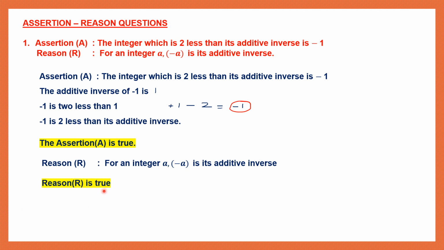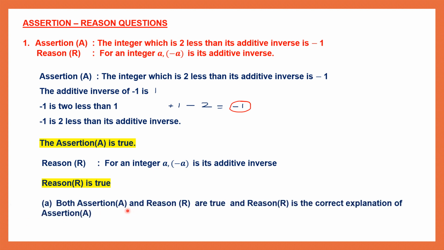That means we go for option A. Option A says both the assertion and the reason are true and reason R is the correct explanation of assertion A. So I hope you understood. We have two statements here, one is the assertion, the other is the reason, and you will have four options. The first option is always where both are true.